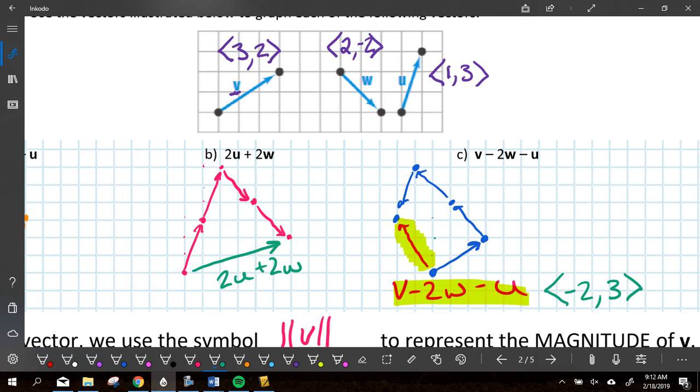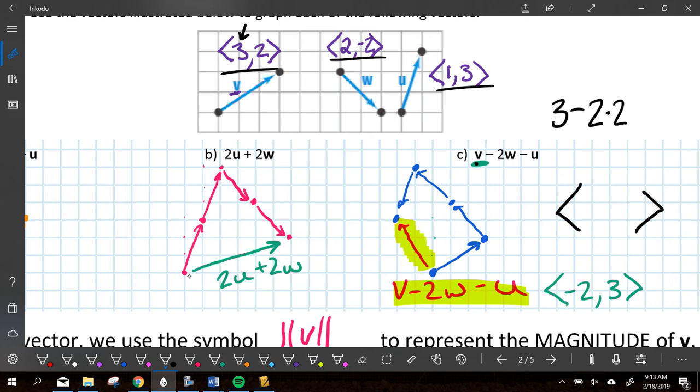We could have done vector addition just as easily by using numbers. If I wanted to find the x value, I'm going to write my new vector with algebra using these three things. I started off with the number 3, and then I subtract 2 times the w, so 2 times 2.